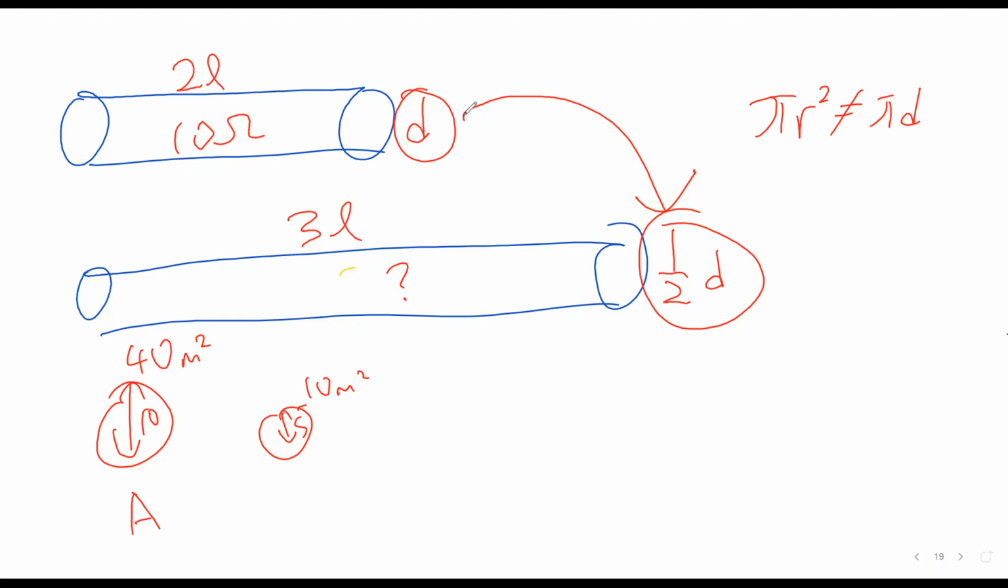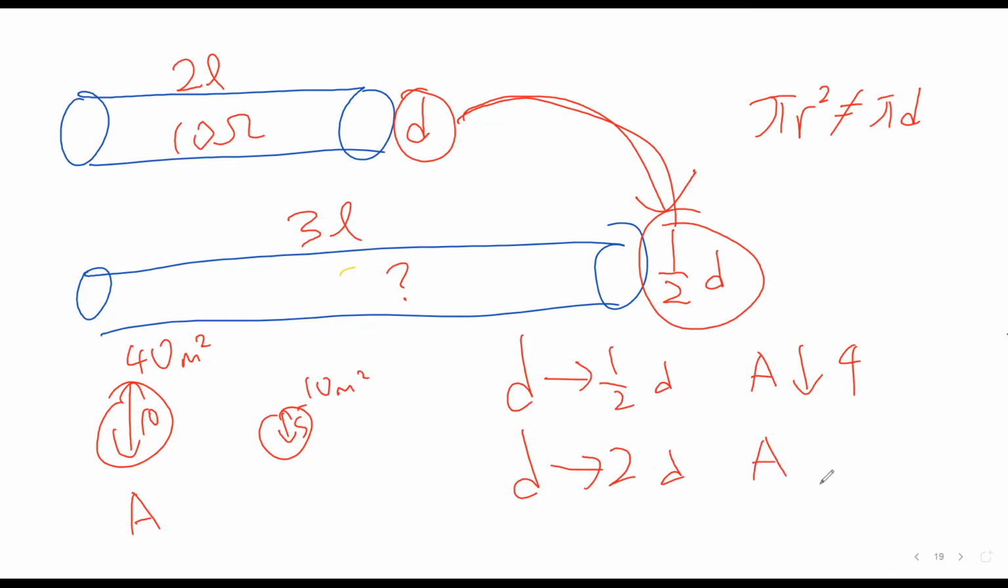So it doesn't matter if your radius or your diameter decreases or increases, they are the same. If your diameter decreased by half, your area drops by 4. If your diameter increases by 2, your area multiplies by 4 as well.